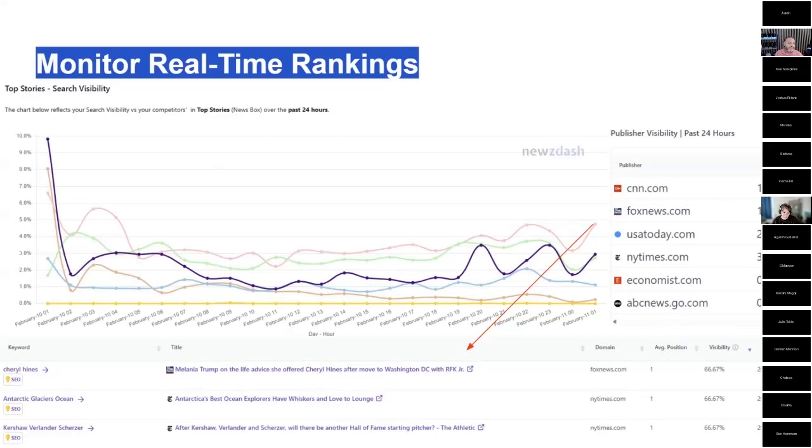You can see if suddenly one of your competitors had a spike in traffic. Why? Like in Newsdash, you can click and see the keywords. So if you build your own trending or tracking tools, you can see, oh, they're suddenly ranking for all my 20 keywords, and this is a spike, or they wrote this big story.